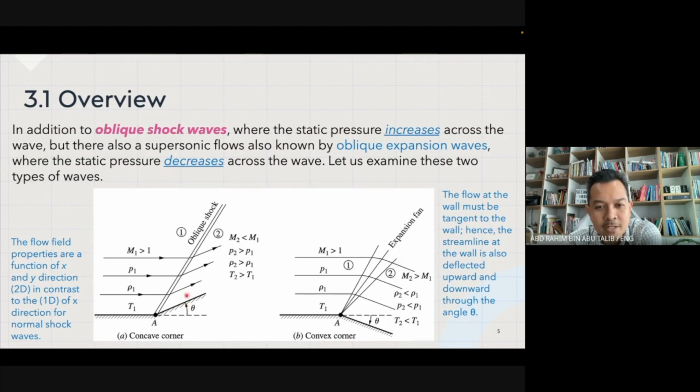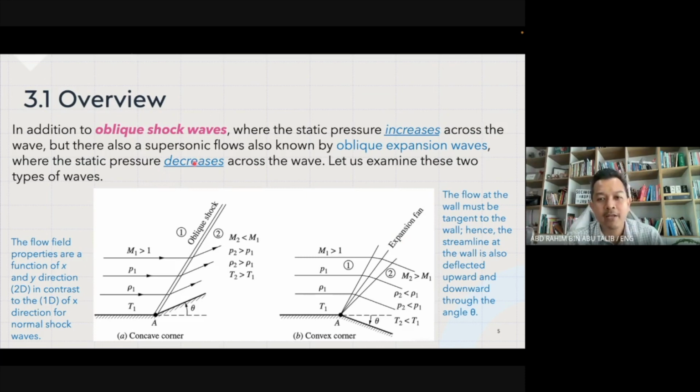You can see here the position of theta where the flow is deflected is different between the concave corner, where you have a positive theta, and the convex corner, where you have a negative value of theta and you will experience an expansion fan.